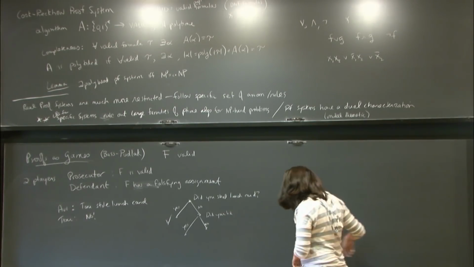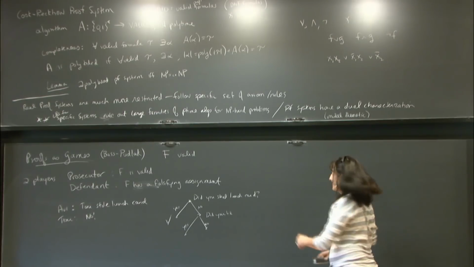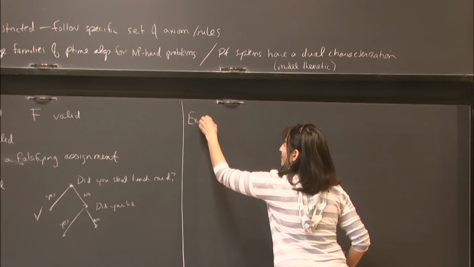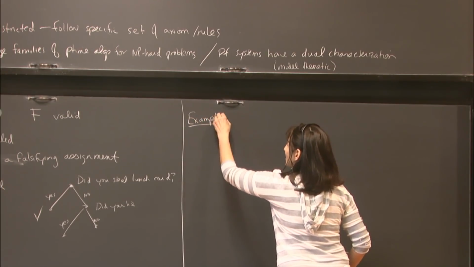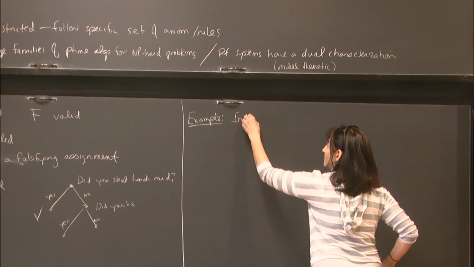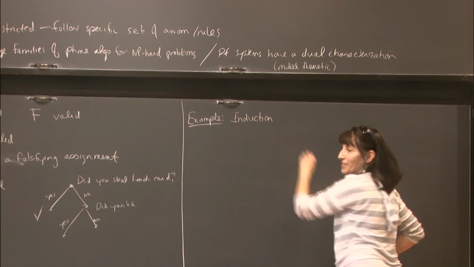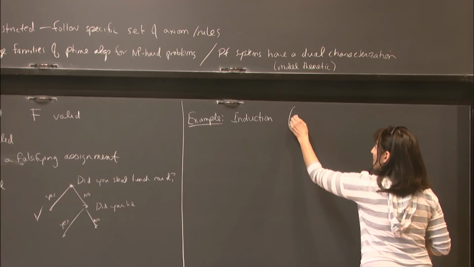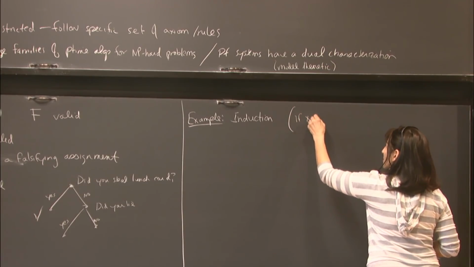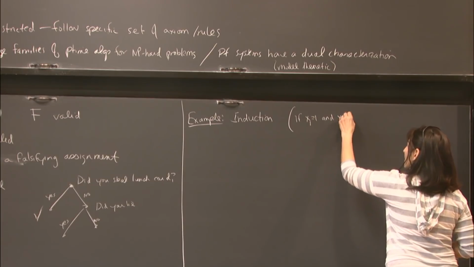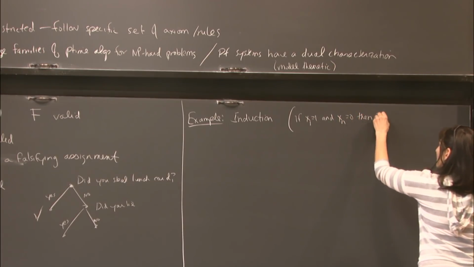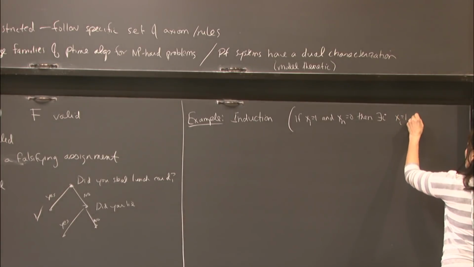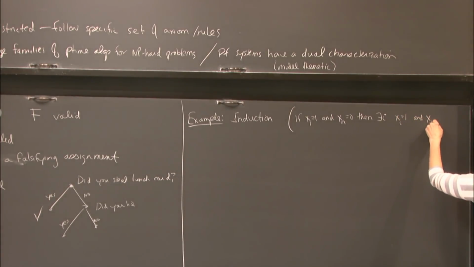But let me give you a real example, by which I mean a more interesting example, which is induction. This is propositional induction. It might look a little different than what you're used to, but it really is the same thing. If x1 is 1 and xn is 0, then there exists an i where xi is 1 and x(i+1) is 0.